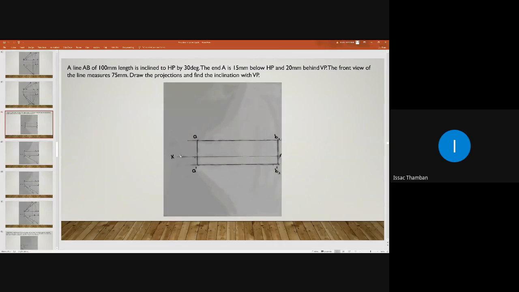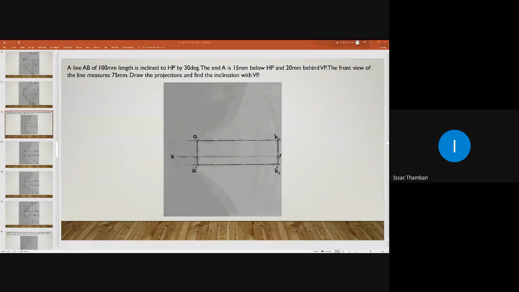Draw the projection and find the inclination with VP. Have you finished the question? Yes, sir.